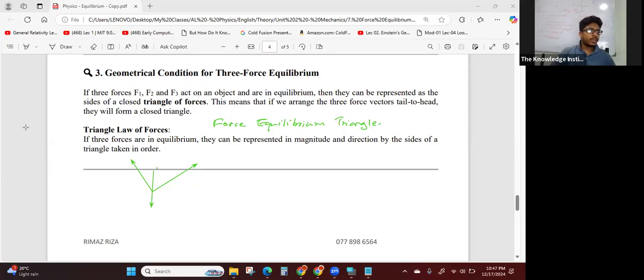Then we can take these three forces as F1, F2, and F3. To take a more generalized case, then what you can do is form a triangle.